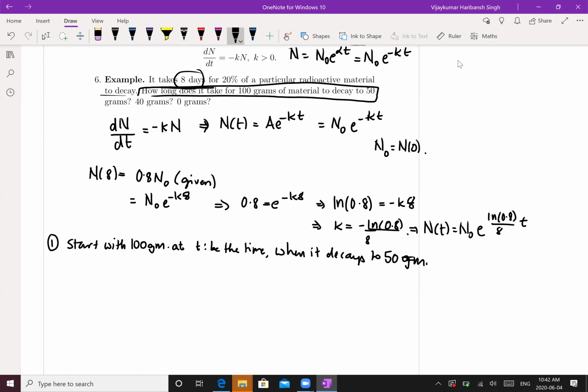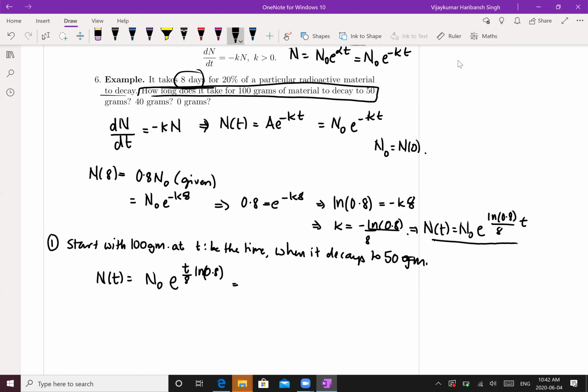So perhaps it's a good idea to simplify this a bit. So let's simplify. N of t equals N0. Now this can be seen as e to the power t by 8 times ln 0.8.